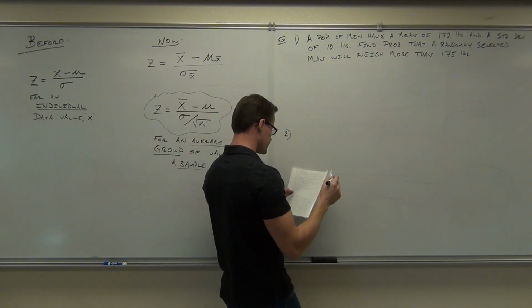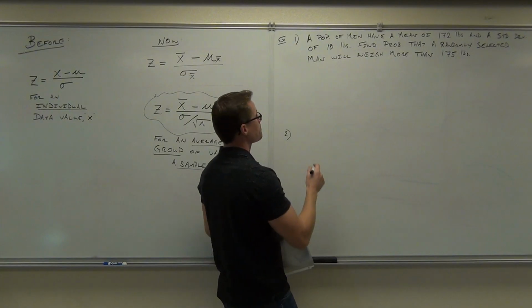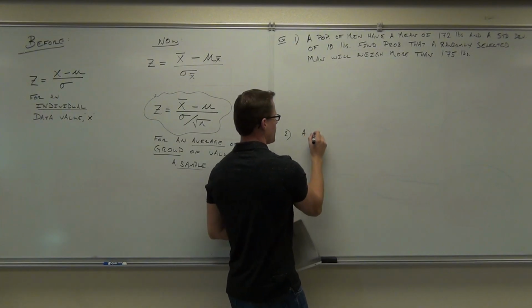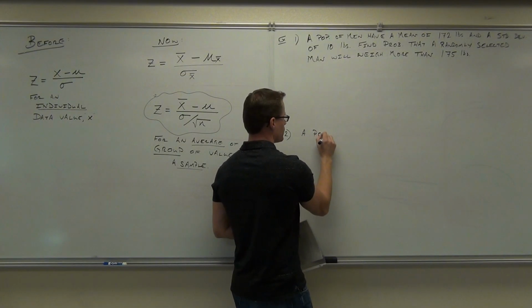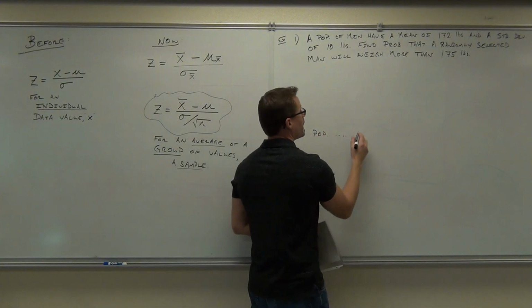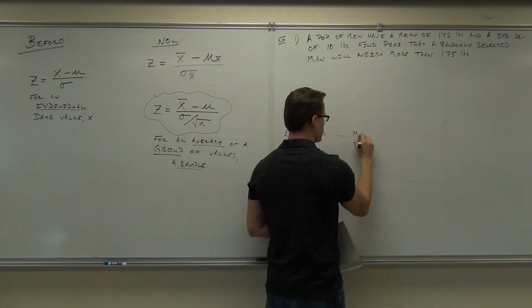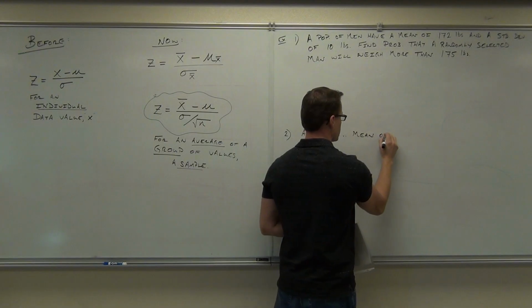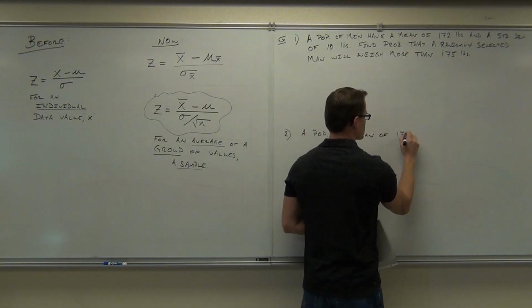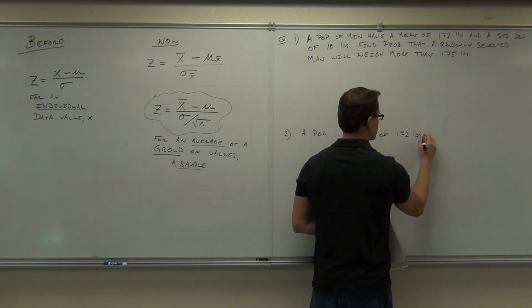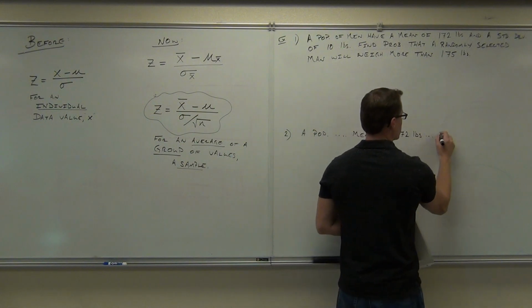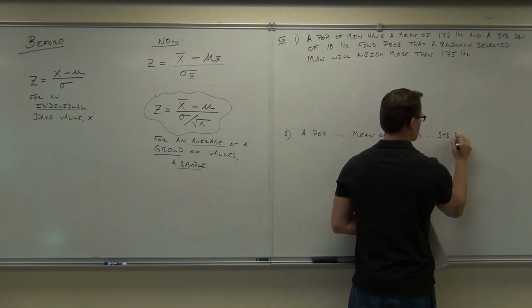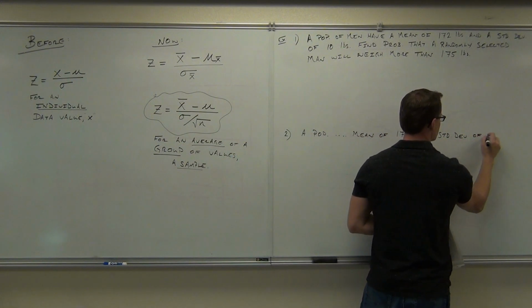Example 2. Same information. A population of men has a mean of 172 pounds and a standard deviation of 10 pounds.